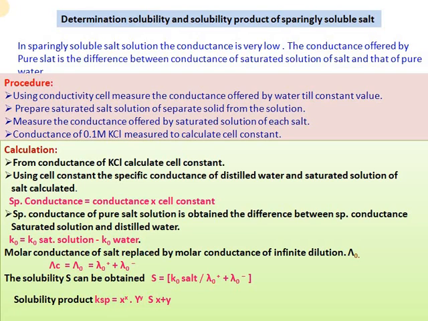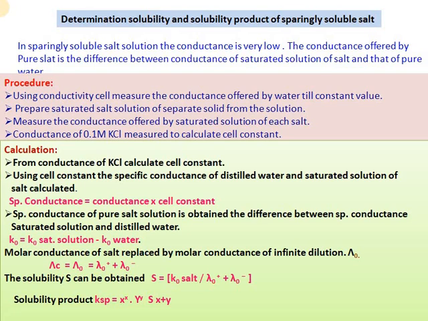Determination of solubility of a sparingly soluble salt. We measure the conductance offered by the salt solution, which will be low. Normally, the conductance offered by water is negligible compared to the conductance offered by the solute.